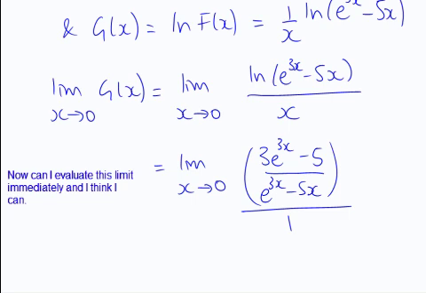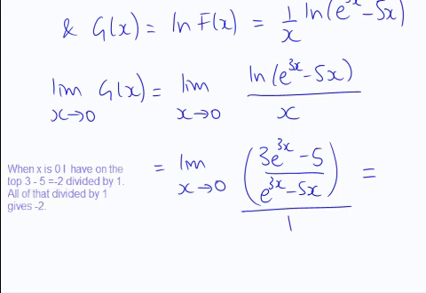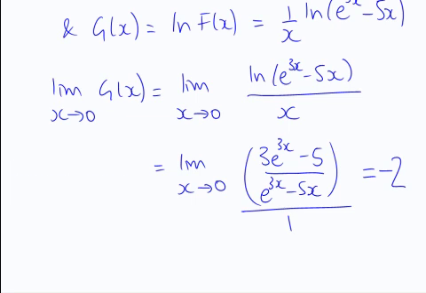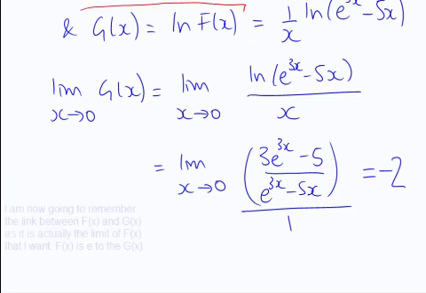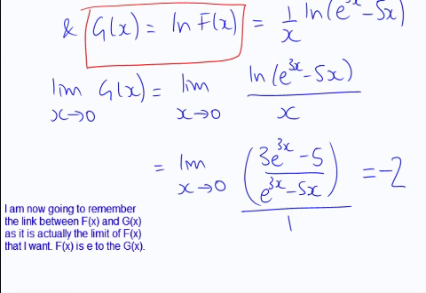And now, can I evaluate that limit immediately? And I think I can. When x is 0, I have 3 minus 5 minus 2 on the top, divided by 1, all divided by 1. So the answer there is minus 2. And that is the limit of g of x as x tends to 0. And what I'm now going to do is remember the link between g and f.